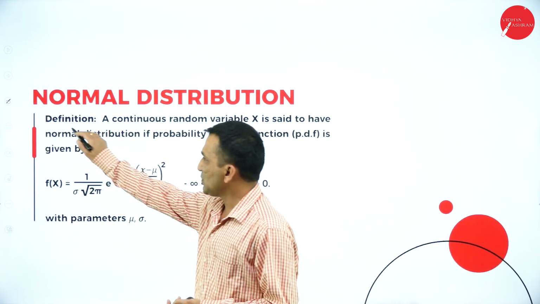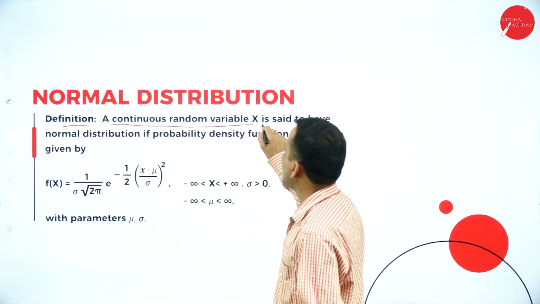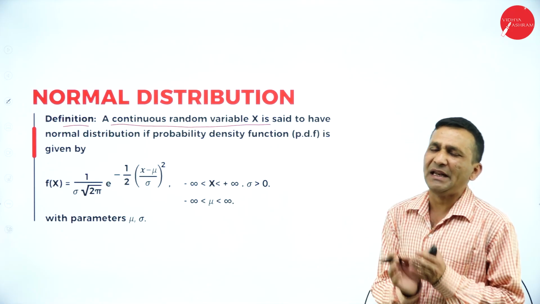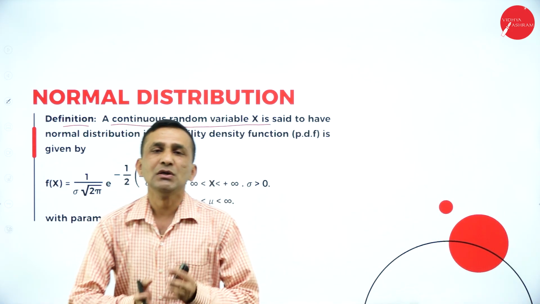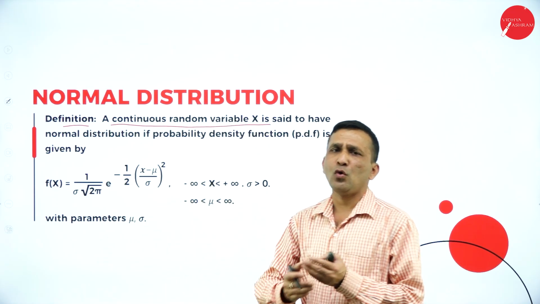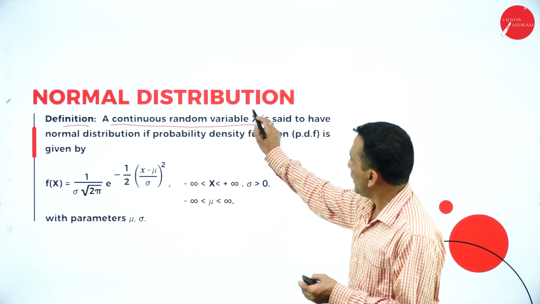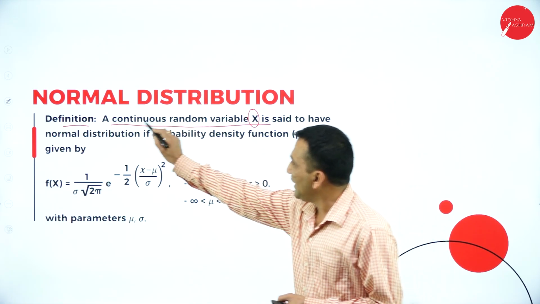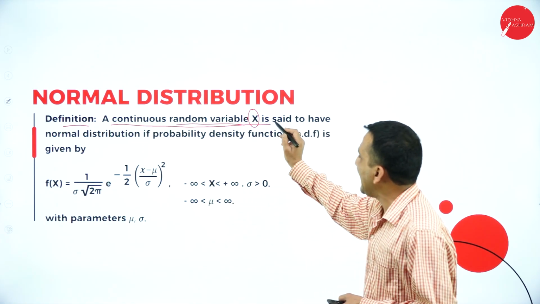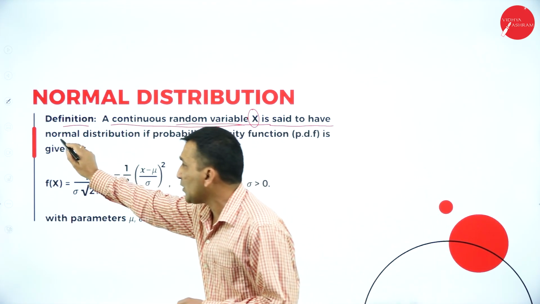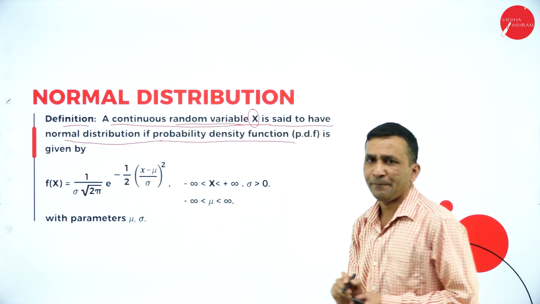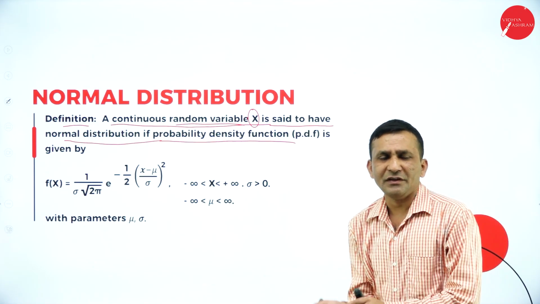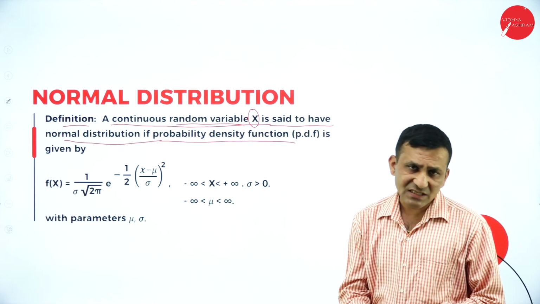Here is one definition: a continuous random variable. In any problem or experiment, unless we select an x series, we are not able to go for further calculation, so x is very important. A continuous random variable x is said to have a normal distribution if its probability density function, whereas binomial and Poisson are related to the probability mass function.